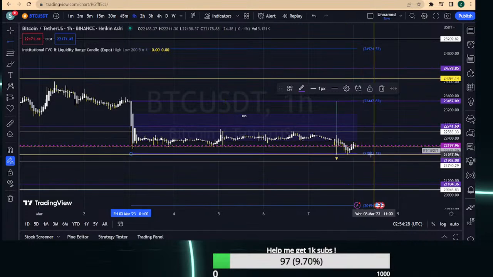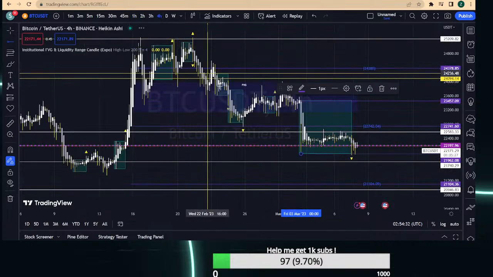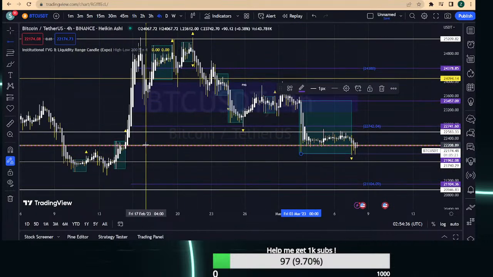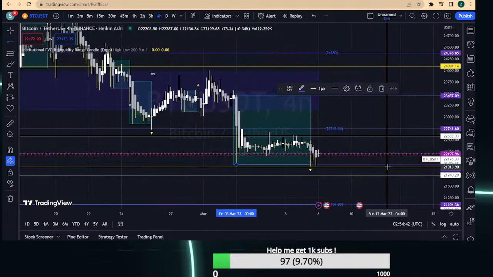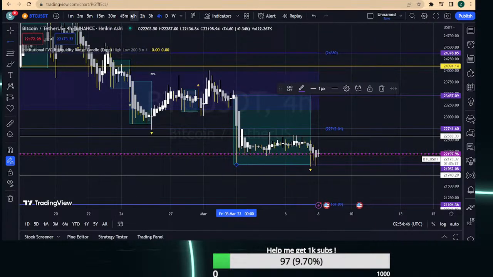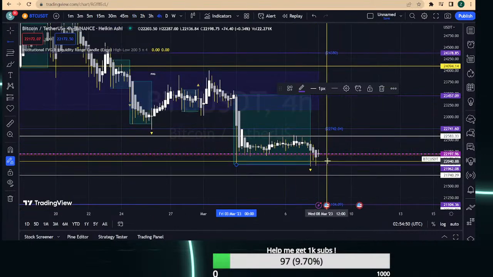This is the bottom, which is a very important level, because if we go to the 4-hour, you'll see it's the prior daily close, but it's also where this liquidity range is. And that's a heavy confluence, and it's also touching the 4-hour or 1 hour SR level.